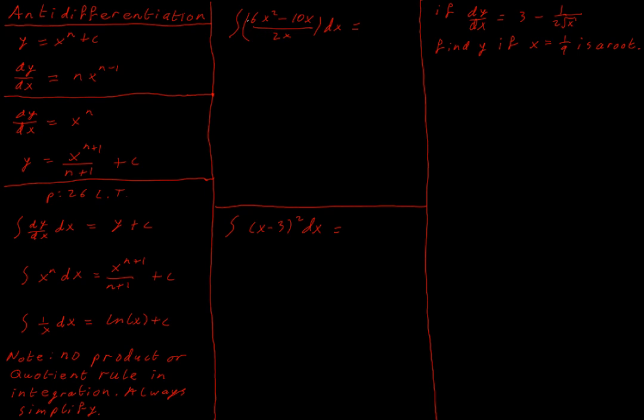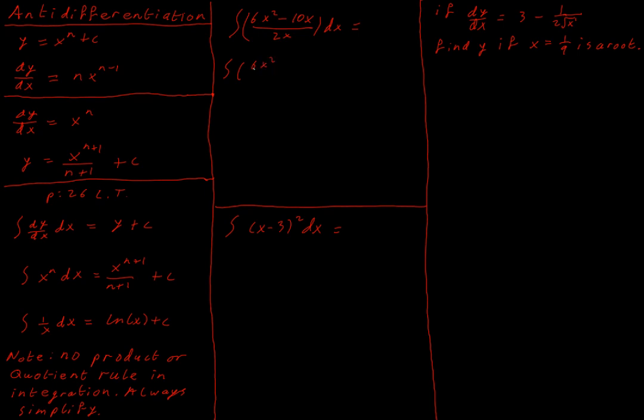So if I'm given something like this, I have a function, we'll say this is dy dx of some function, and I need to integrate it. The first thing I need to do is break it up into individual terms. So I see that I have a common factor of 2x in both of these, so I could break them up into separate pieces.